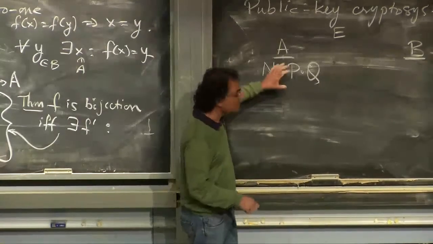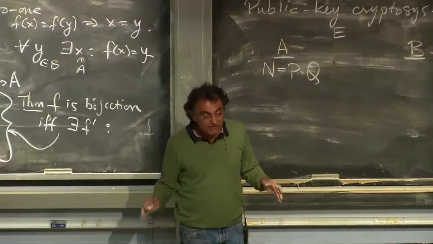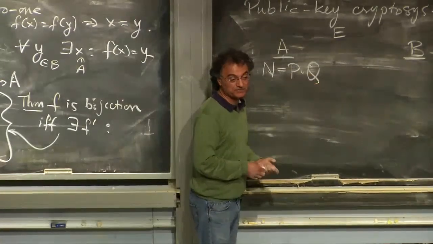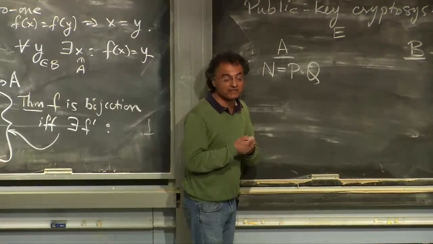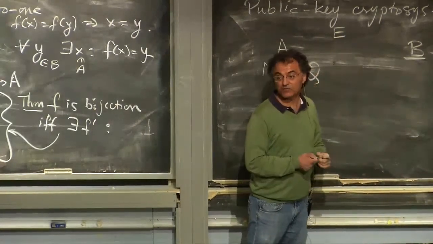So now Alice has an advantage over everybody else in the world. Nobody else in the world can possibly figure out these secrets, P and Q. So now how does she leverage it into something that allows Bob to communicate with her without Eve figuring out what it is?